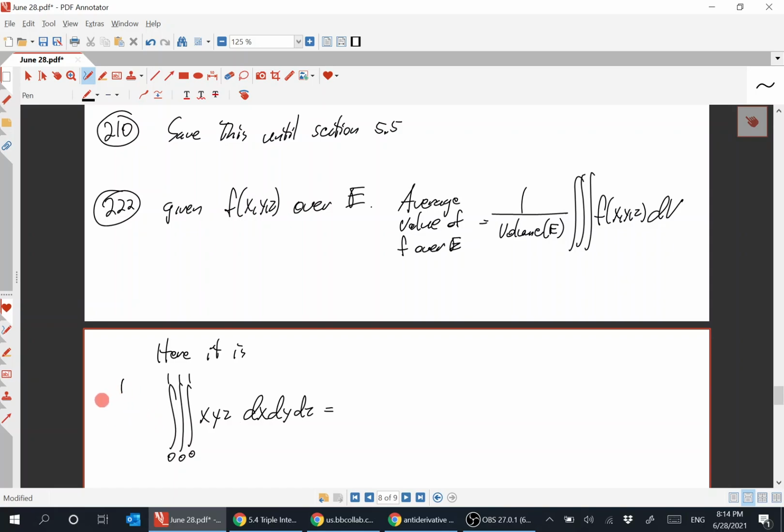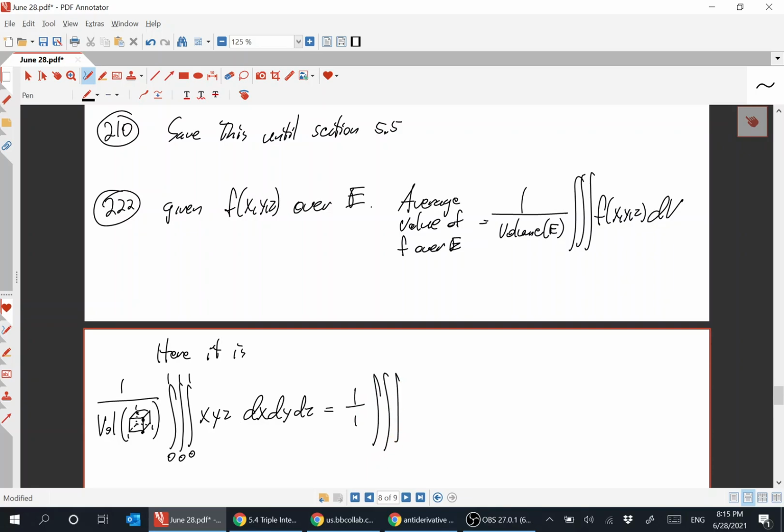Forgot about that. 1 over the volume of the box, which is just that cube. So this is 1, 1, 1, and then this is 1, 1, 1 over here. So it's the cube whose sides have length 1, and the volume of that is just 1.